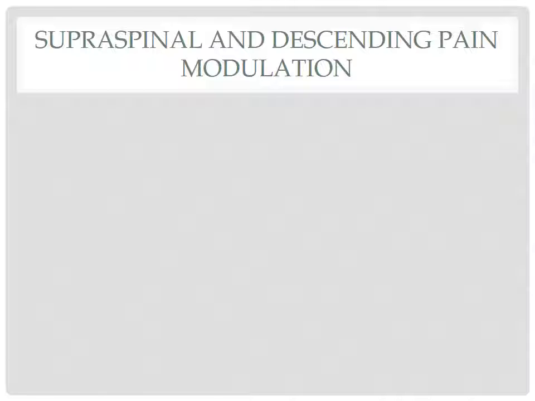Looking at our other two levels of pain control, so our supraspinal and descending pain modulation. Now, a couple important things to note, and I'll refer back to this again in some of the later slides. Both of these, the supraspinal and descending pain modulation, do to a degree work together, and you'll see that by virtue of what you're actually stimulating. These utilize more of the body's innate ways of reducing pain.